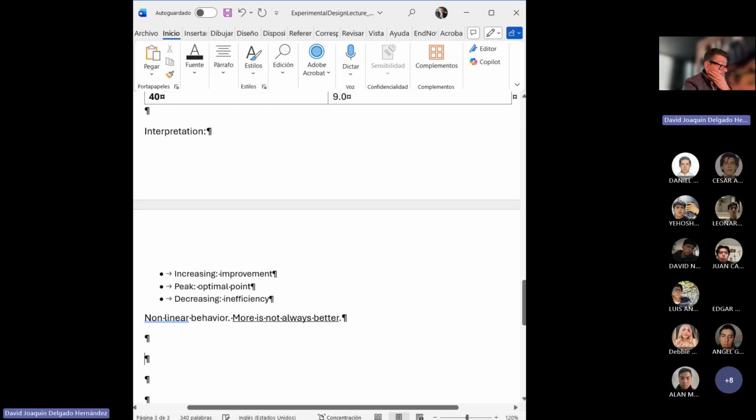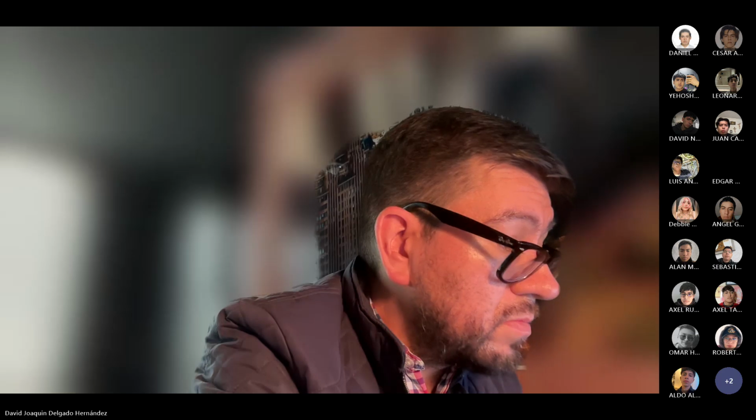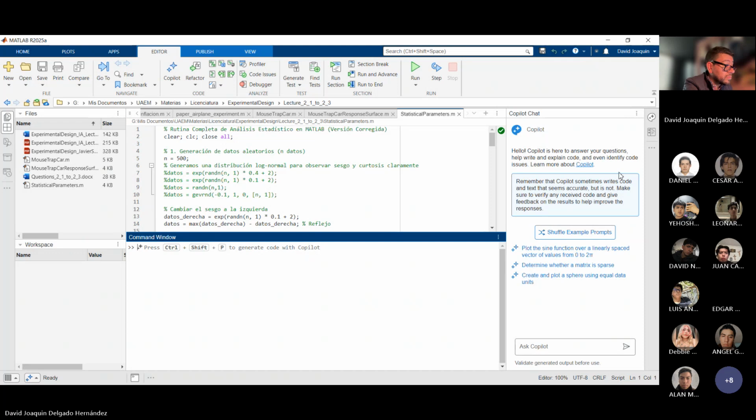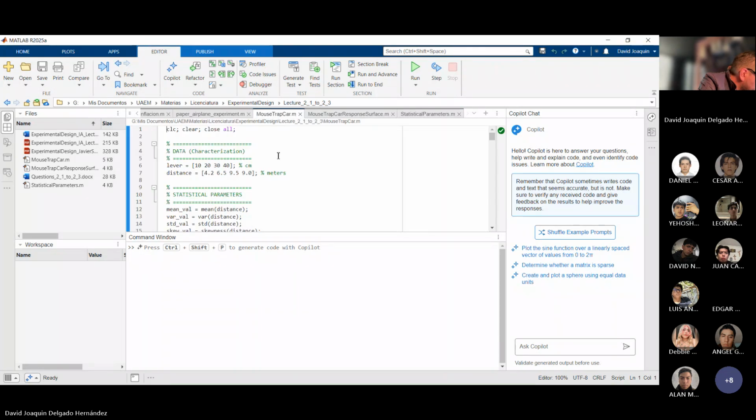Let me illustrate this in MATLAB. Okay. So here I am putting the lever arm, the length, which is 10, 20, 30, and 40.